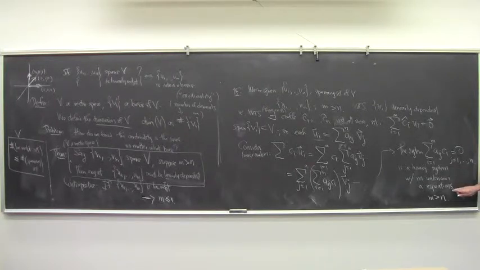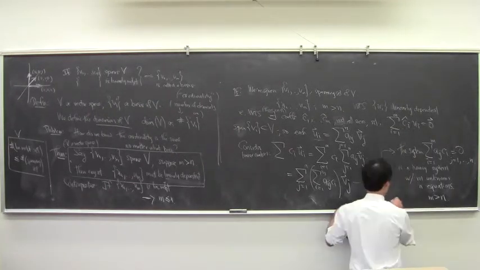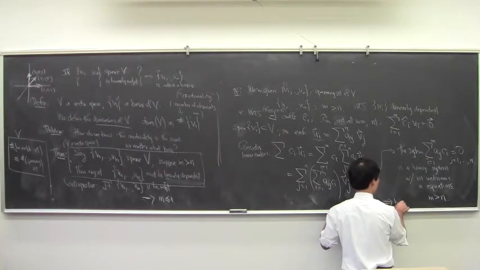And so we have a homogeneous system with the number of unknowns exceeding the number of equations. And you know that such systems have infinitely many solutions, so it has non-trivial solutions.